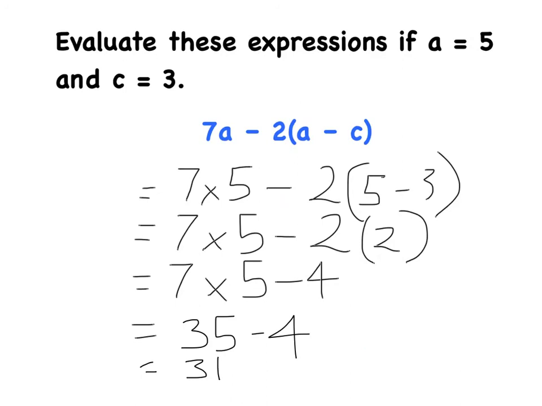So 7A subtract 2, A minus C, if A equals 5 and C equals 3, that becomes my answer. Okay, I'm simply substituting in or replacing these unknown values into the equation. That's all substituting is, guys. It's pretty straightforward.